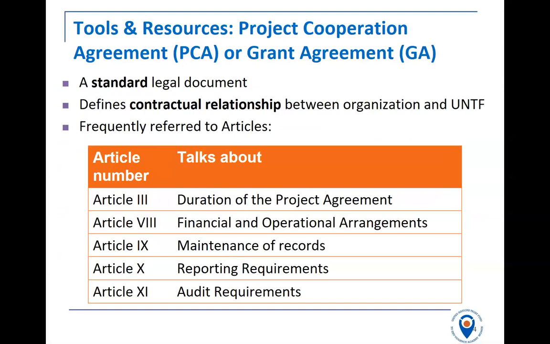It sets out specifically the duration of the project agreement, which is, say, for example, from 1st of September of this year until 30th of August 2021, which seems like a long way off, but it will come around quickly. And in terms of finances, this means you can't charge anything to the project that occurred before or after the project.